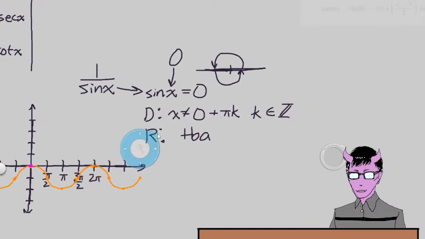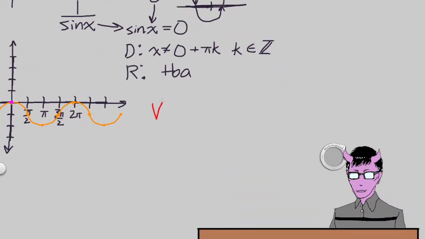Alright. So what are we pointing out? We're pointing out the fact that we can create 0 underneath the fraction bar, which results in failure of the function. So those are vertical asymptotes. So we do have vertical asymptotes at what locations? These locations. So since this is 0, I'm going to drop it and just keep pi k.